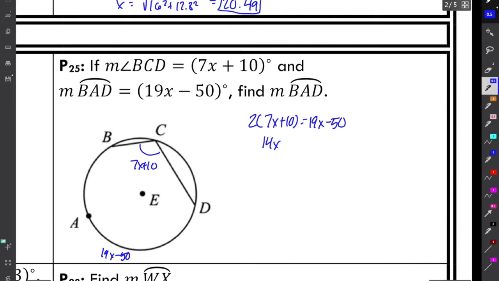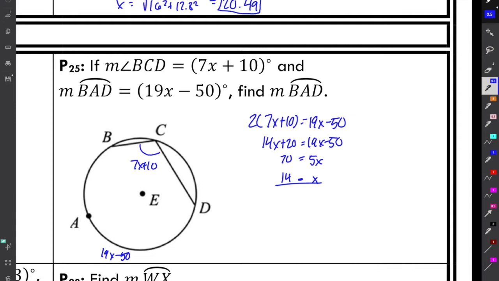14x plus 20 is 19x minus 50. Subtract 14x from both sides. 5x on the right side. Add 50 to get 5x is equal to 70. Dividing both sides by 5, x is equal to 14. However, that's not what I'm trying to find here. I'm trying to find BAD.